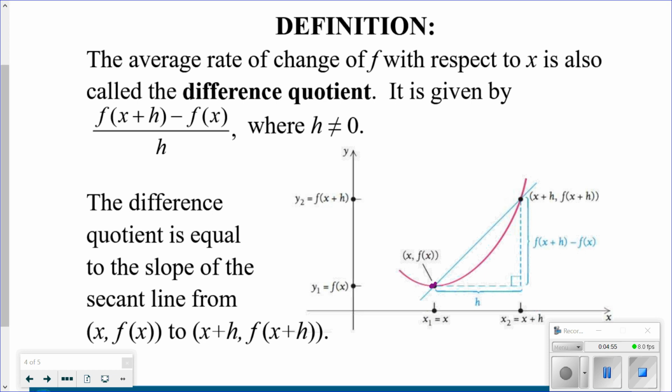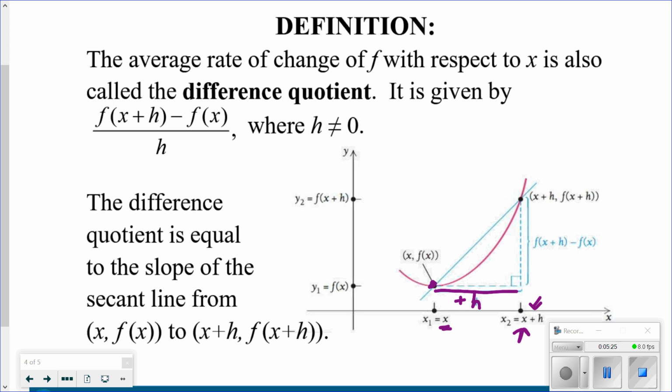So we're going to take our original x1 and call it x. And then we're going to say this distance we move here, whatever that is, h. Okay, so yes, I realize we've added a new variable, but we are going somewhere with this. That makes x2, whatever x started out, plus this distance h. So x2 now becomes x plus h.